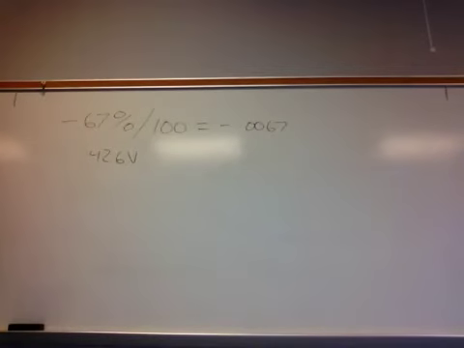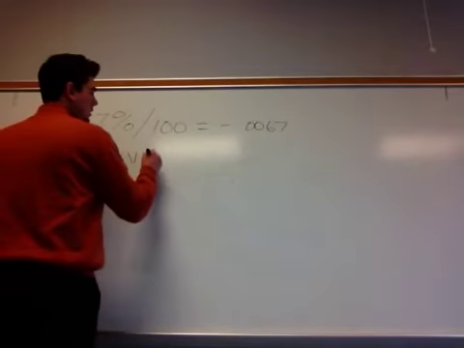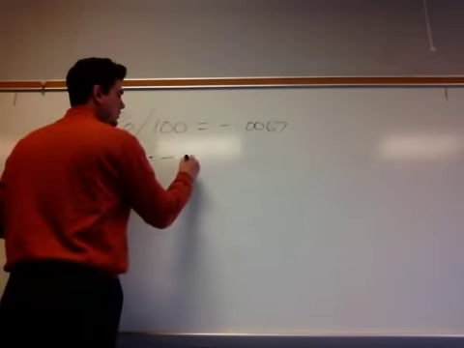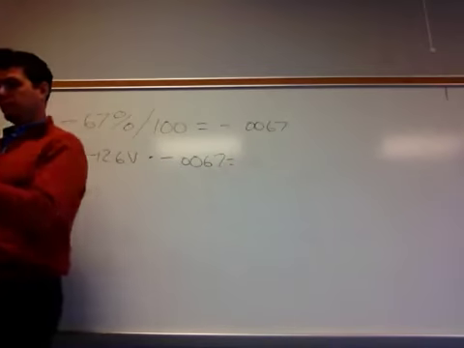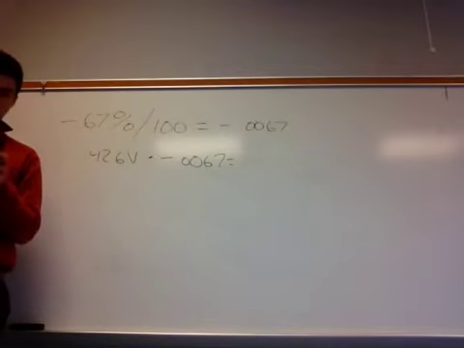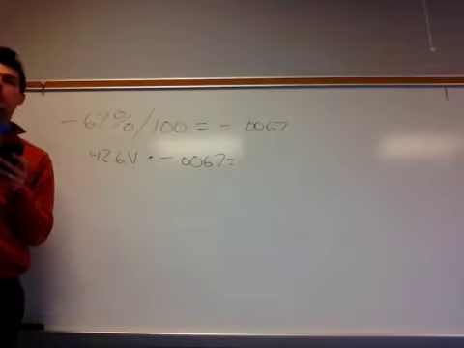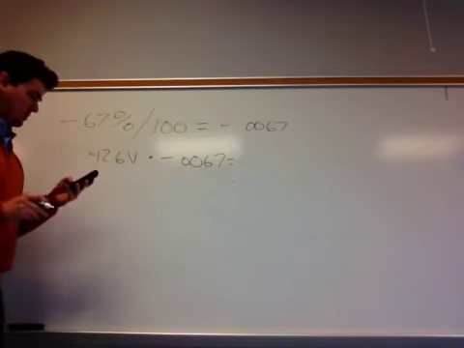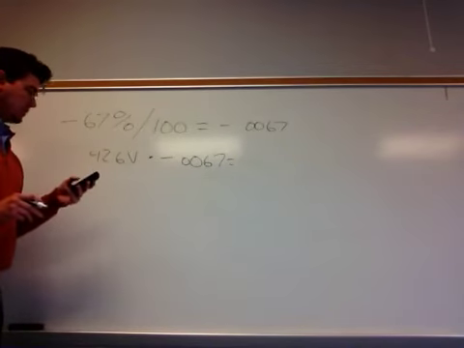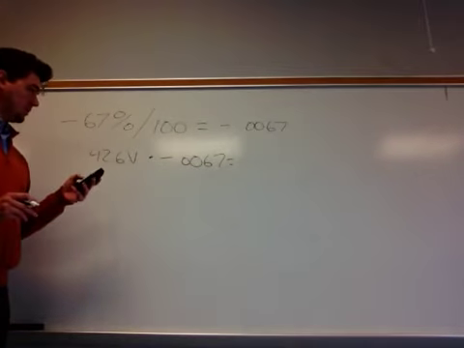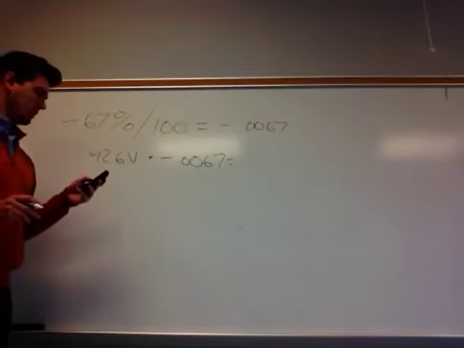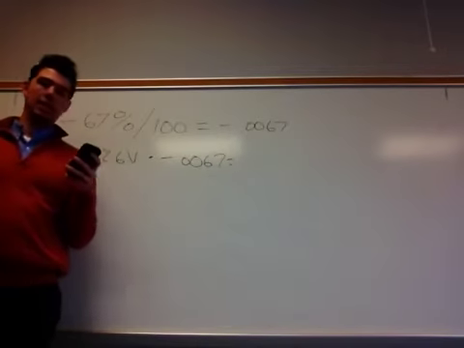Now what I'm going to do is multiply my voltage times my negative 0.0067. I forgot to bring a calculator, so let's use the phone. When you have yours with you, Bridget, you can help if you want to. So, 42.6 times negative 0.0067, and I get negative 0.28.